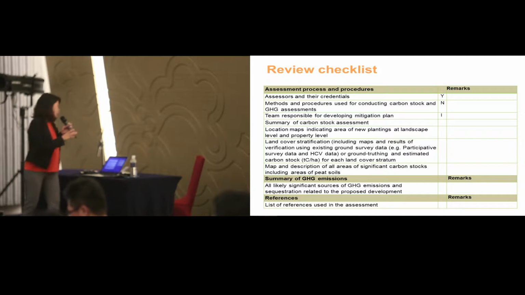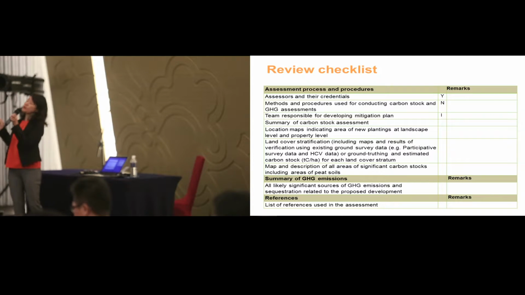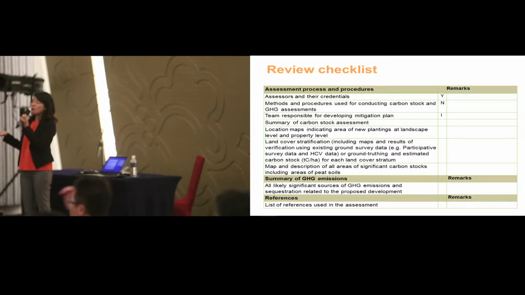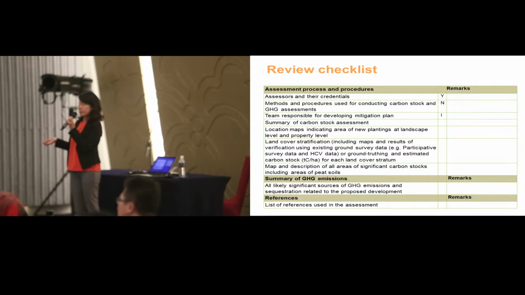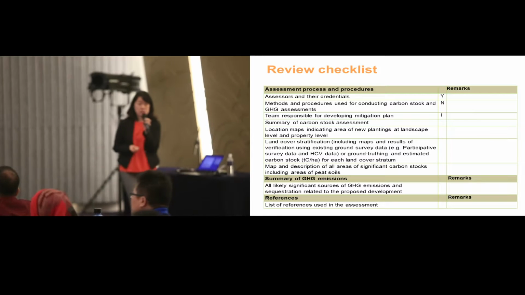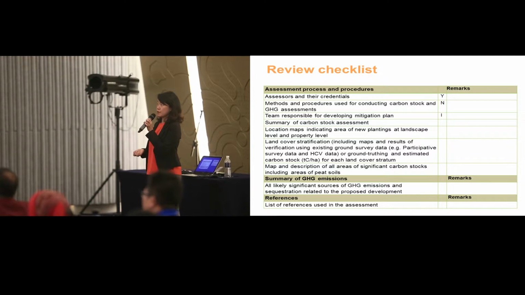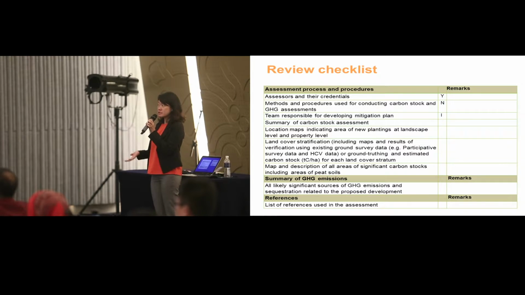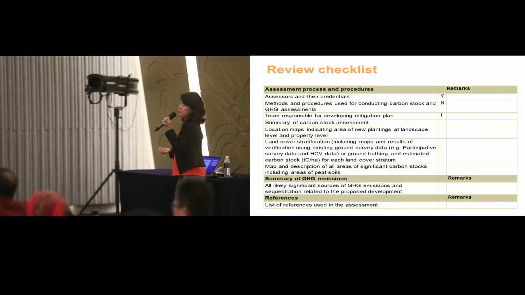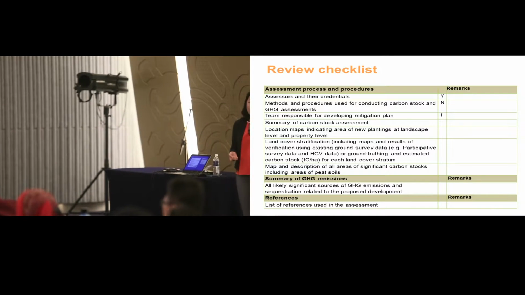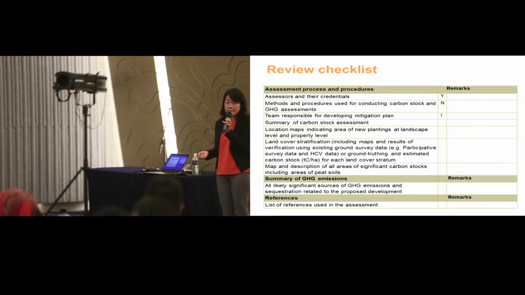So the main components of what we're asking for is, okay, the assessment process and procedures. Who are your assessors and what are their credentials? What is the method that you use to estimate your carbon stock? Who's the team responsible for developing the plan? And then, of course, the summary of your assessment findings. What are the results? And we also need maps. Where is your plan development?